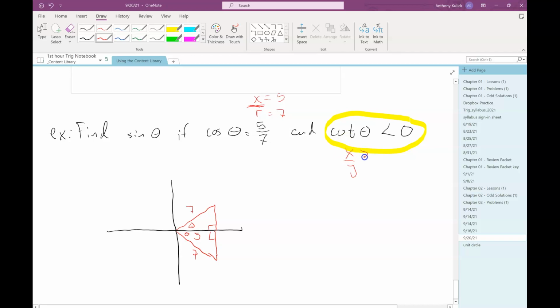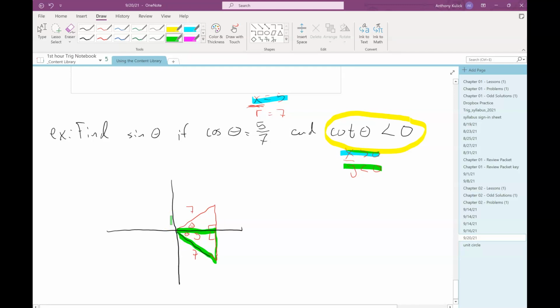And I know already that the x is positive because x is 5. So that tells me the y is negative, right? Because the only way a fraction is negative is either the numerator or the denominator is negative, but not both. So that tells me that this is the triangle that I'm looking for.